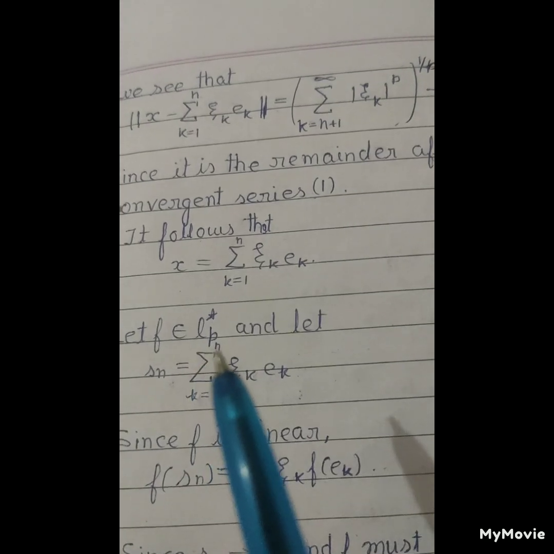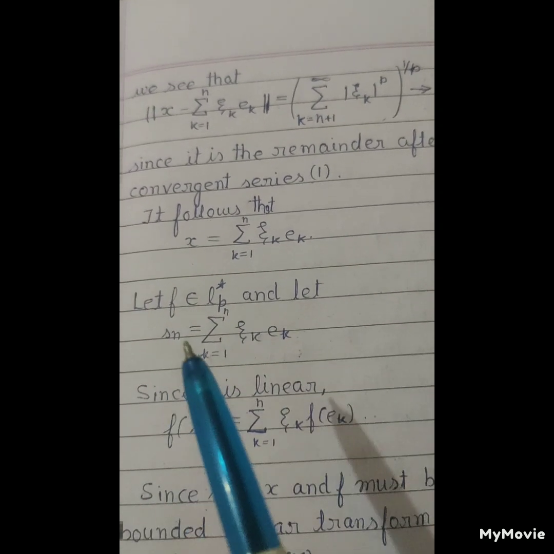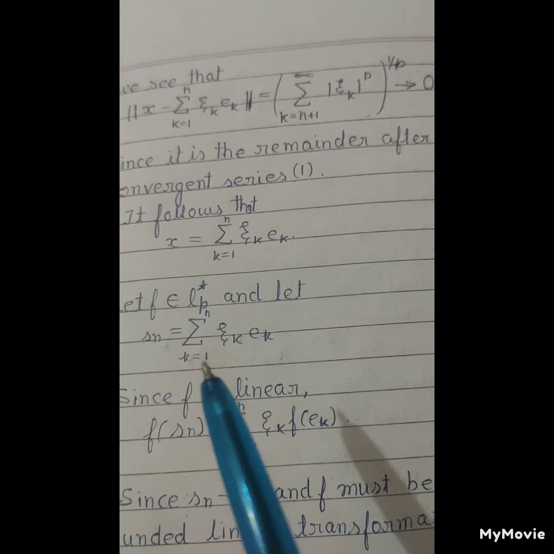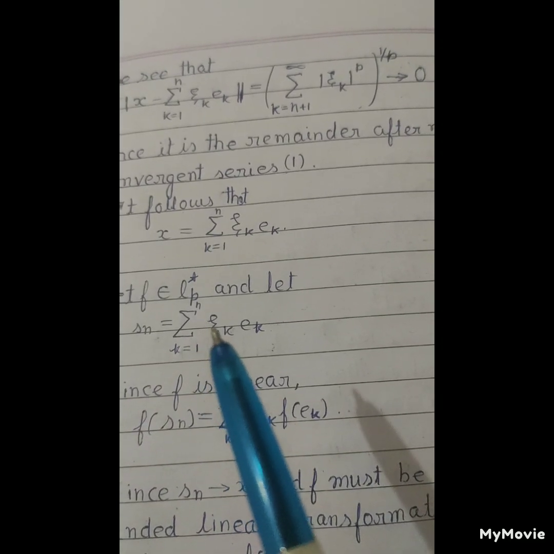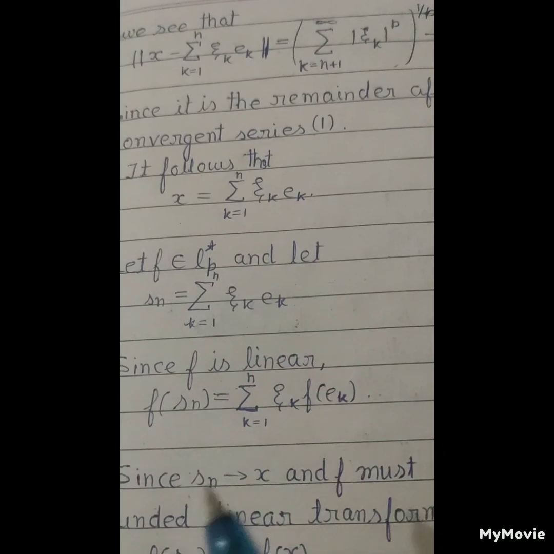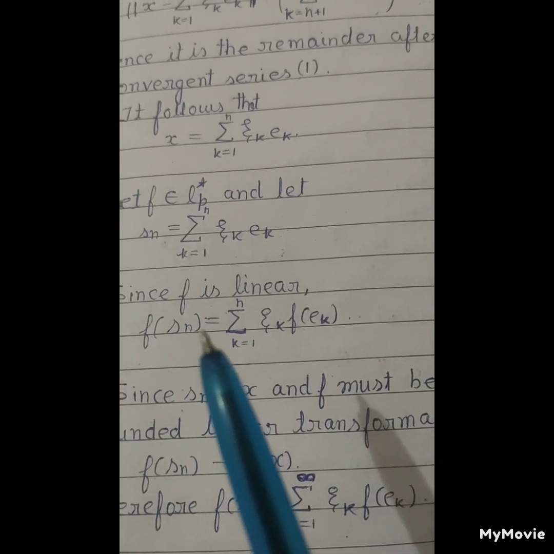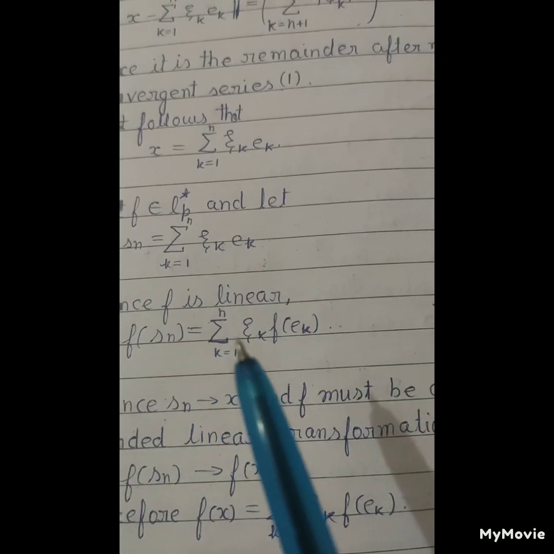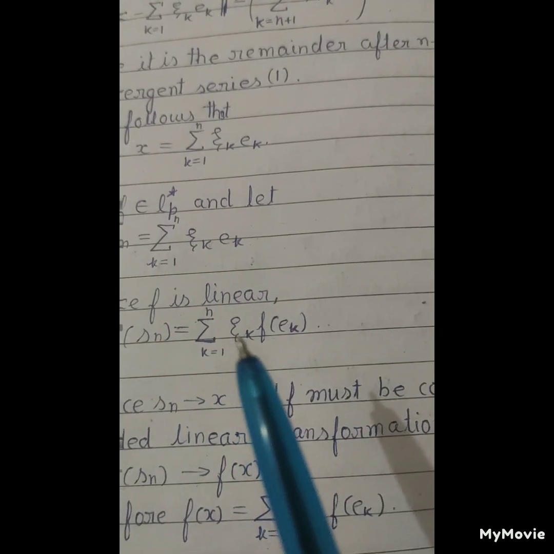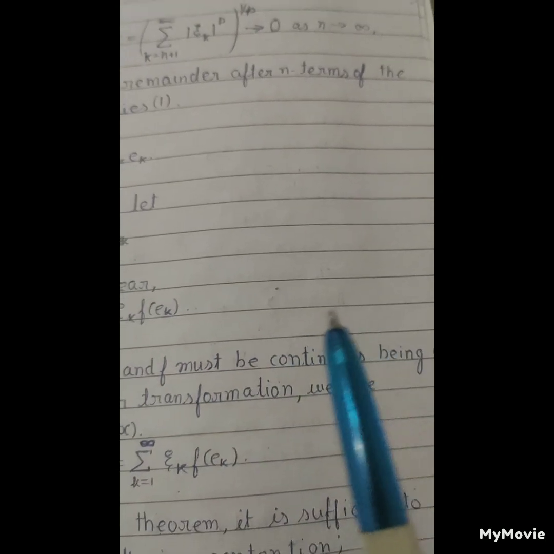Let f belong to (L^p)* and let sn equal the sum over k from 1 to n of ξk ek. Since f is linear, f(sn) equals the sum over k from 1 to n of ξk f(ek).